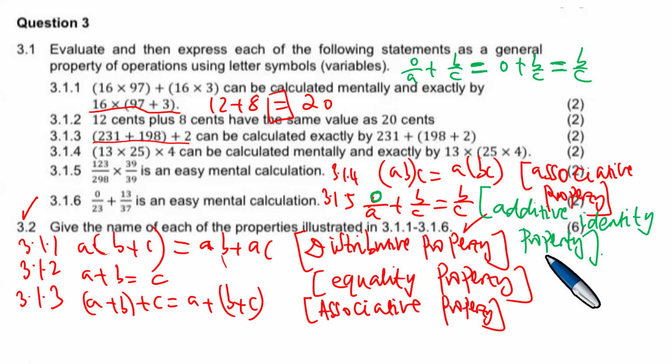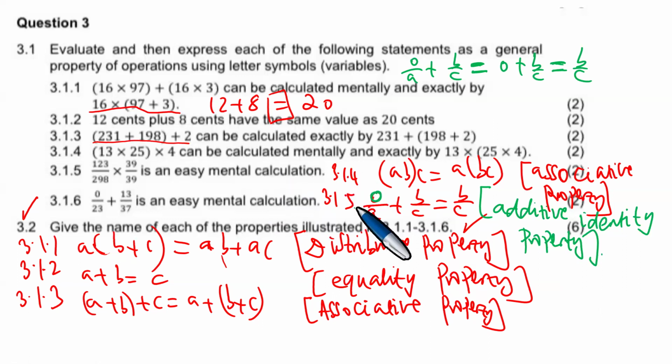So we continue. We studied the properties. That is 3.1.6, the zero itself, when you're adding zero.